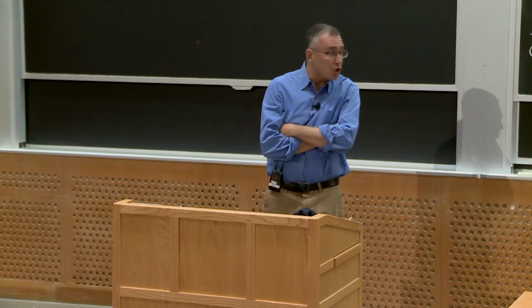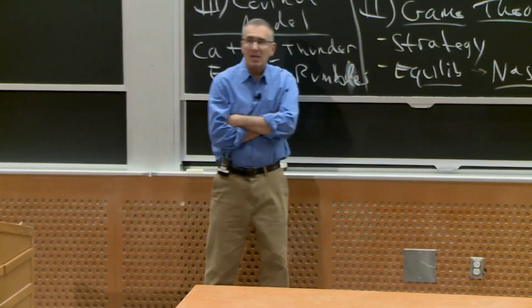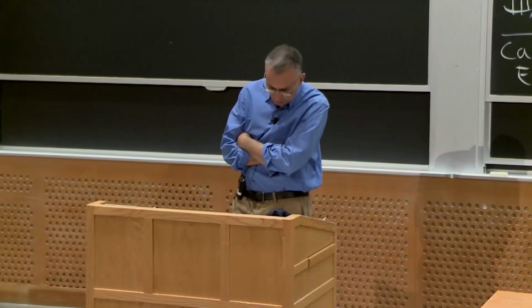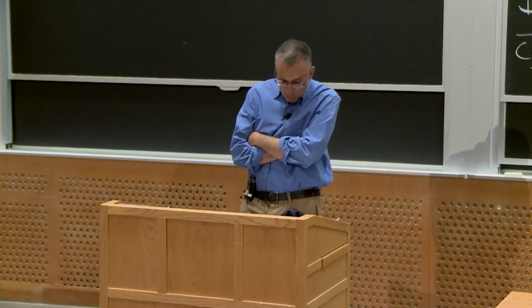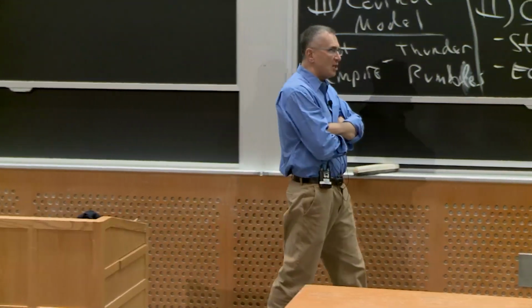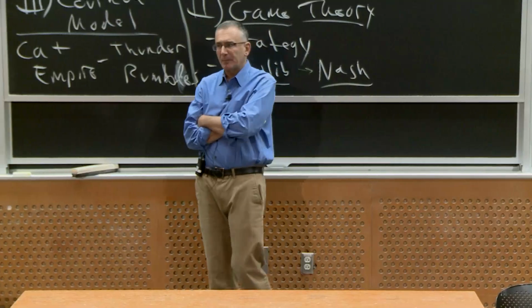So what John Nash defined is the Nash equilibrium. And the Nash equilibrium is defined as follows. Precisely, a Nash equilibrium is the equilibrium where no player wants to change their strategy given all the other players' strategies.